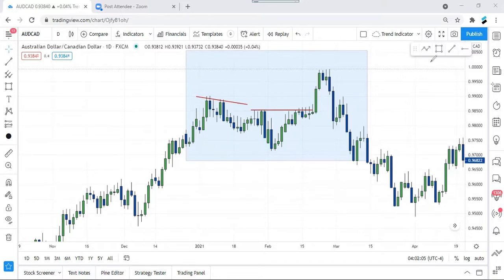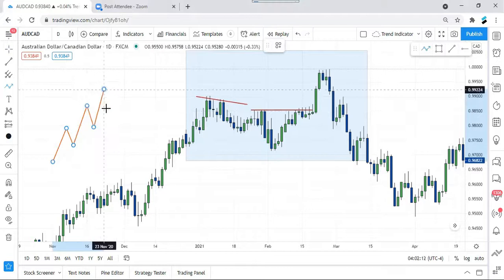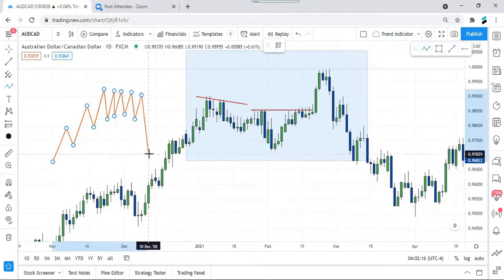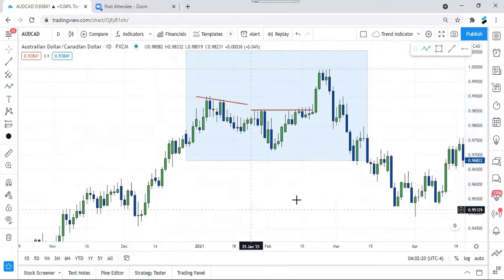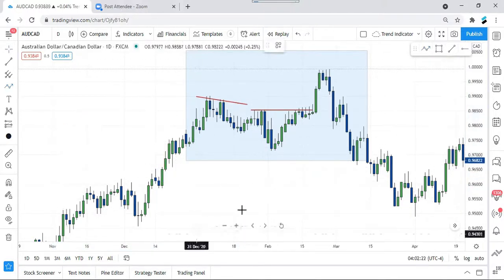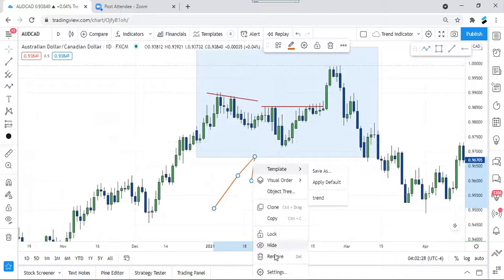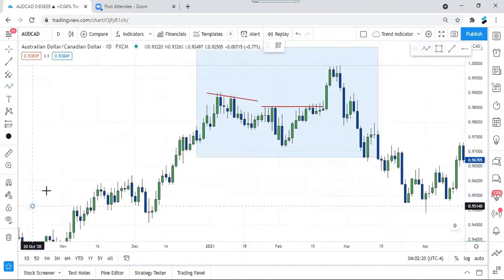And this is what we see very often, right? Price goes up, price comes down, price goes up, price comes down, and then price starts to go sideways, and after that the price starts to go down. That's one way. And sometimes what we see is price goes up like this, an uptrend.